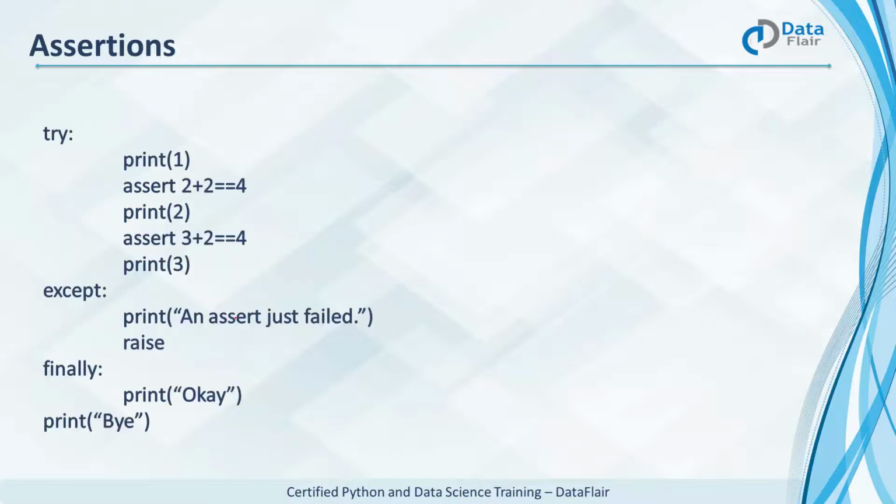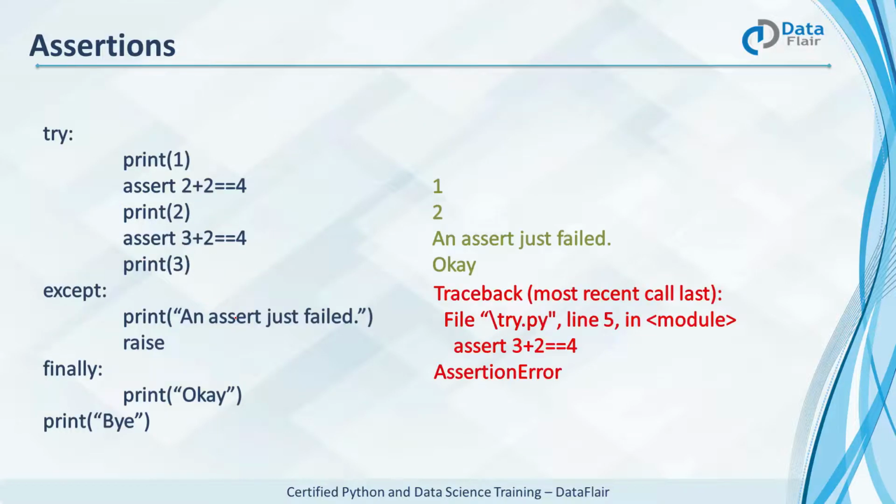We have two assert statements in this code. This is the output. This is okay. This is true. This is okay, but this is false. So this is where it raises an assertion error, and it doesn't print this. It handles this exception by printing an assert just failed, and then re-raises the exception that occurred.